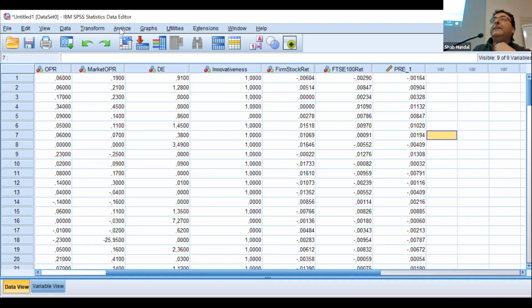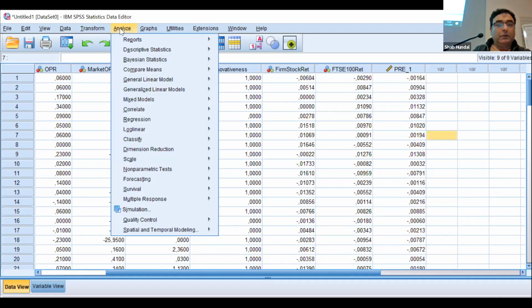We go to Analyze as before. And here you can see there's a thing. Now you need to remember that now we don't click descriptive, we don't click correlation, we don't click regression, we click dimension reduction. Okay, so we go to dimension reduction and then we go to factor.